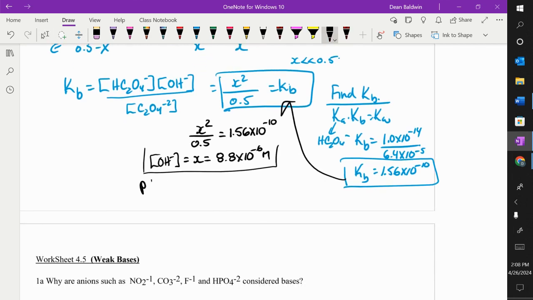So we go pOH is equal to the negative log of that, which gives us 5.1. Which gives us 8.9 for our pH.